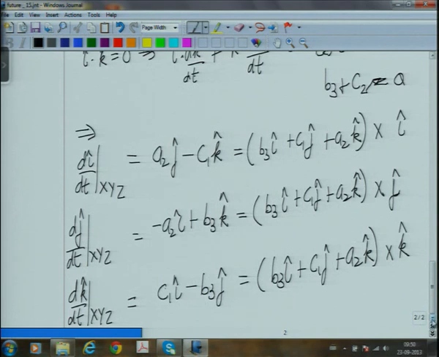We can call it a vector. There are only 3 scalar components, that means this is a vector. And this vector is what we will call the angular velocity of m with respect to f.